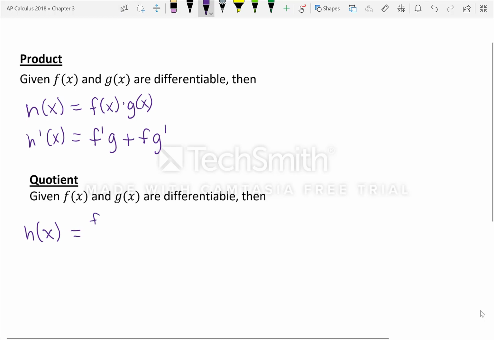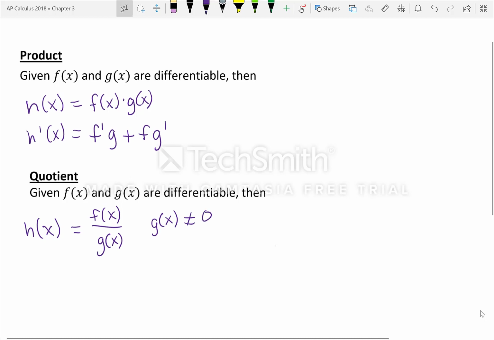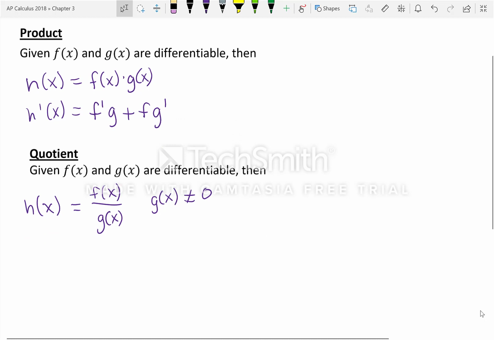And then the quotient rule is if you, again, have a function h, but this time it's defined by a quotient of two differentiable functions. So let's say it's f divided by g, and we're assuming that g, of course, is not 0.